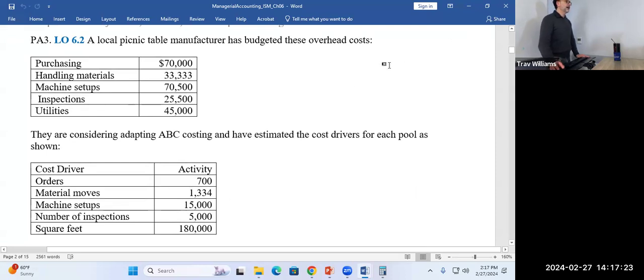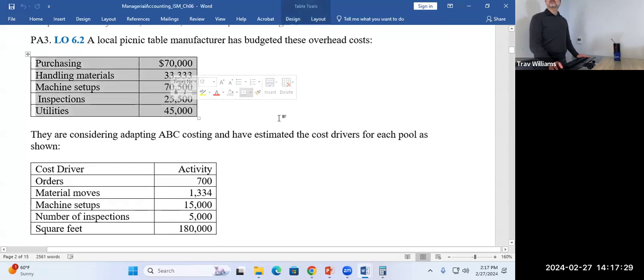So this company makes picnic tables. They have estimated these 5 different overhead cost pools. Those are the 5 cost pools, and these are the drivers for each cost pool.